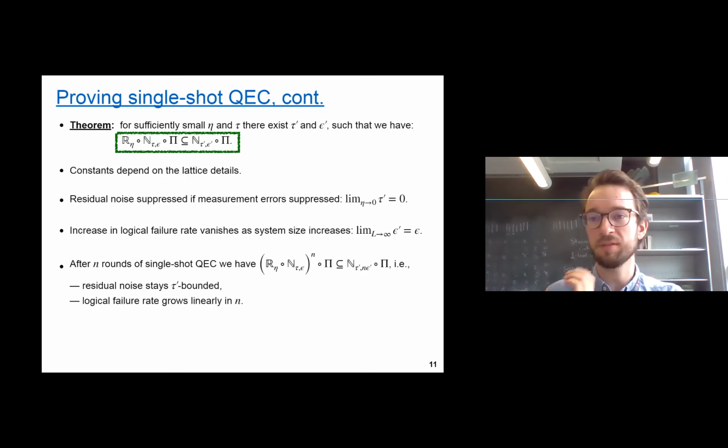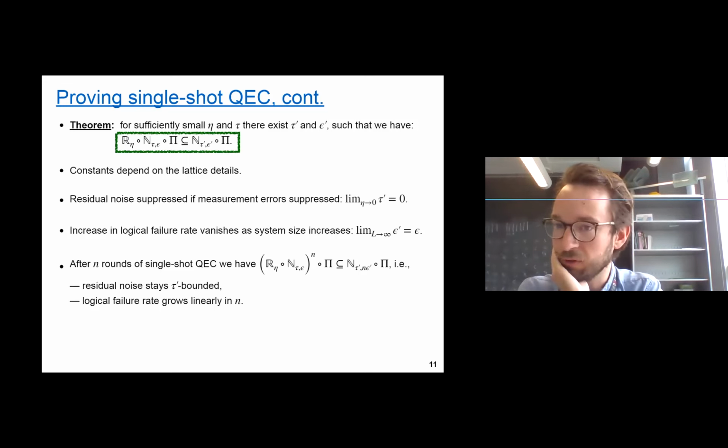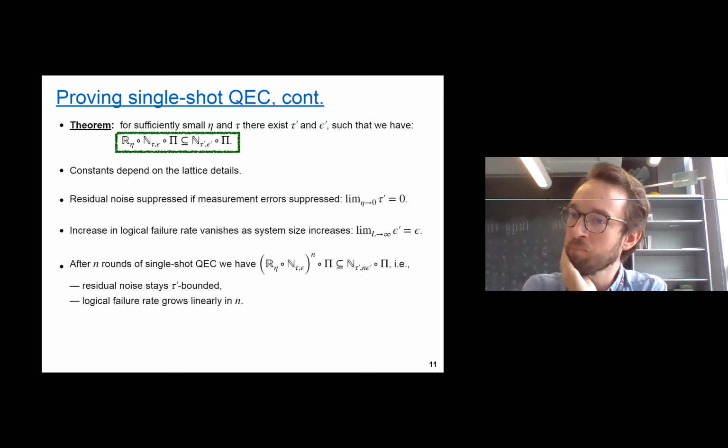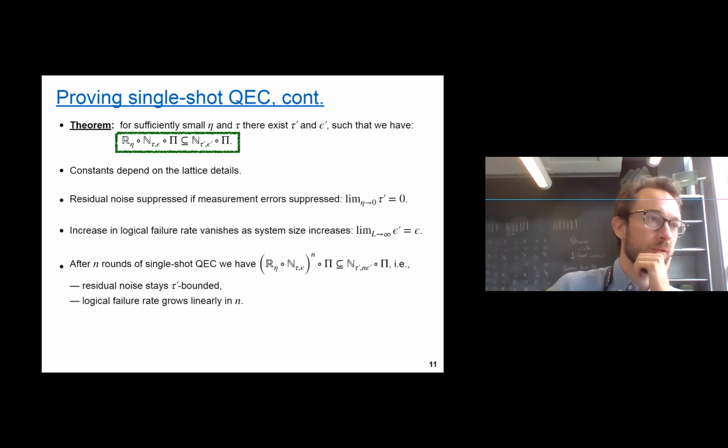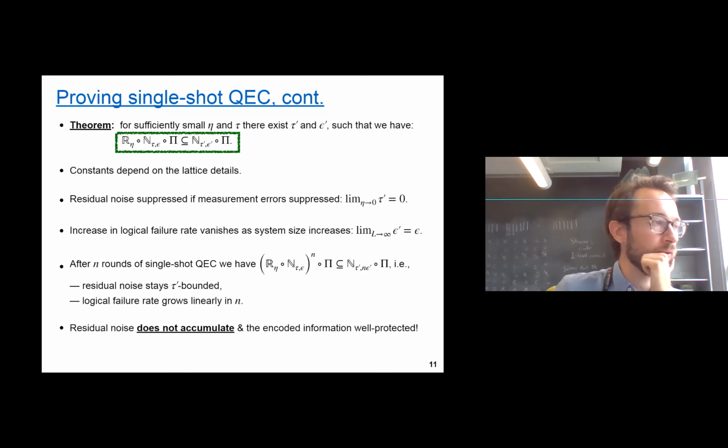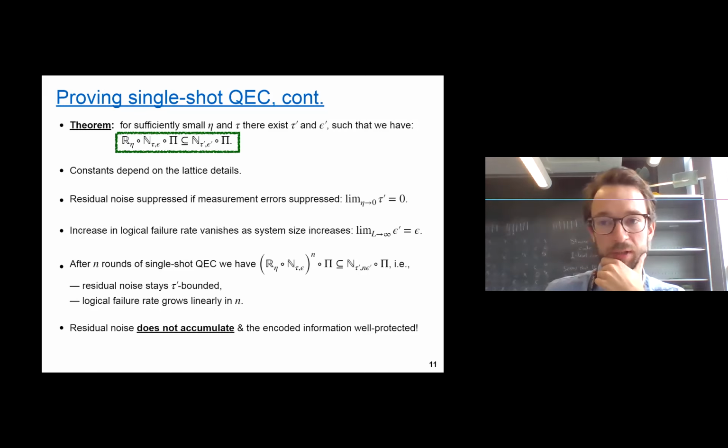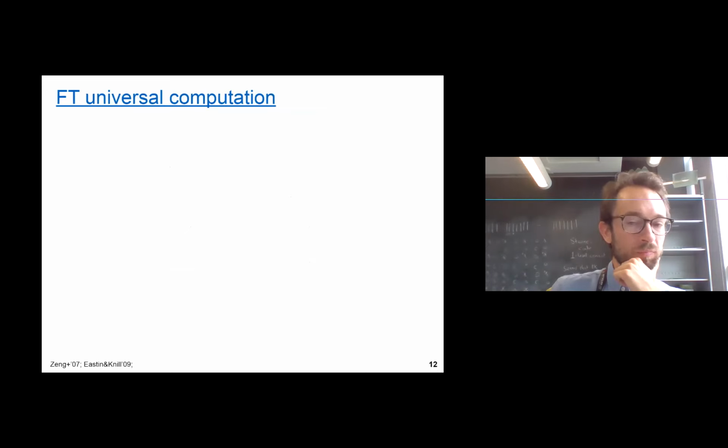The nice thing is that we have this single shot minimum weight matching decoder, and it's quite nice to analyze, because you always have a guarantee that if an error occurs, then the correction is smaller weight than the error, or the same. So it's a nice algorithm both for us to use numerically and in the proof. So, as I said, the residual noise does not accumulate in an uncontrollable way, and you can repeat this many times. Are there any questions about this?